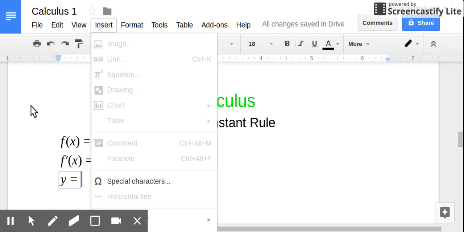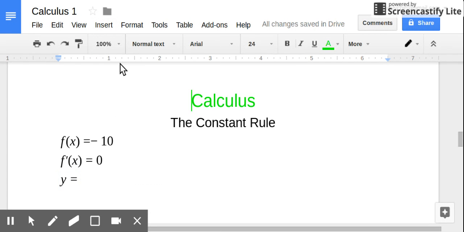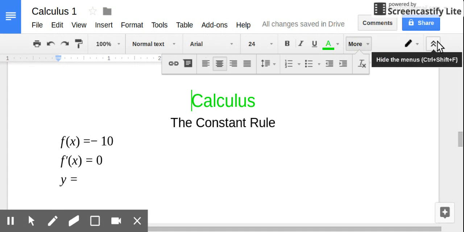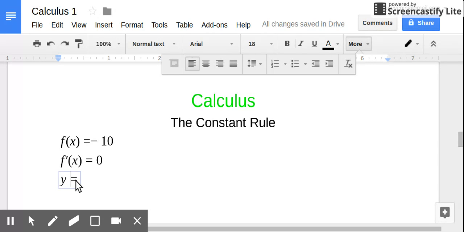What happened to my equation table? It doesn't matter. We'll make a number. I was going to use a square root or a fraction.